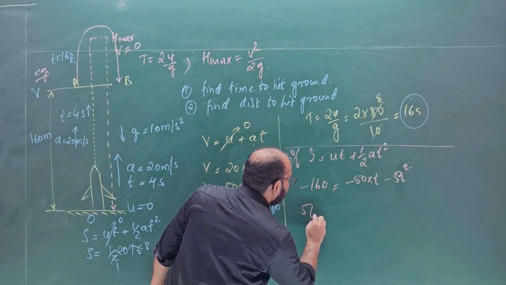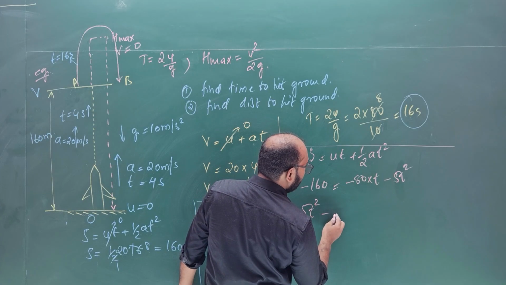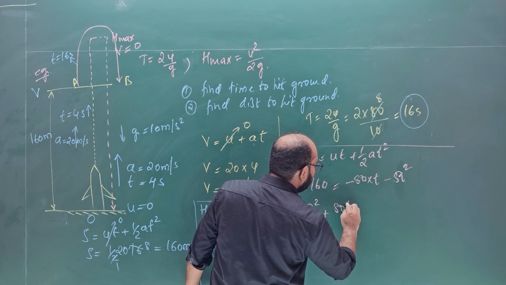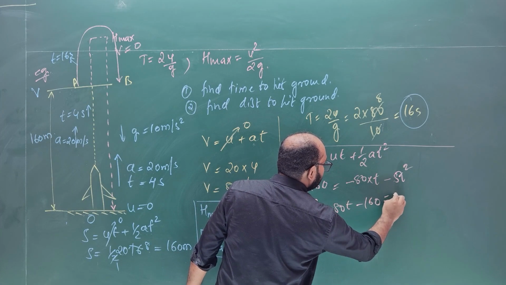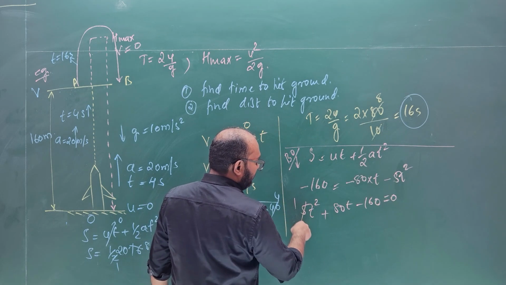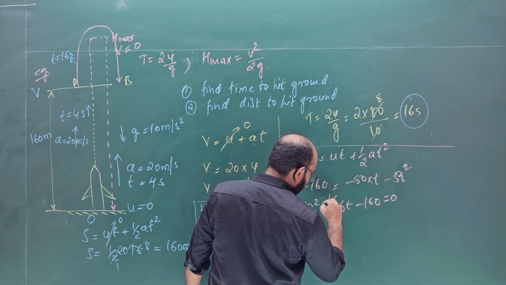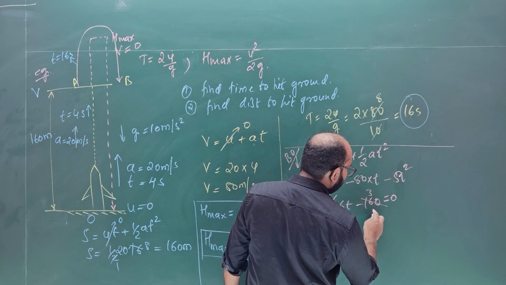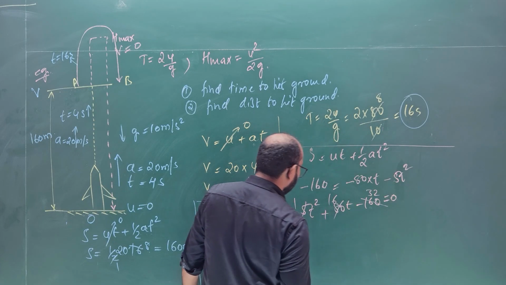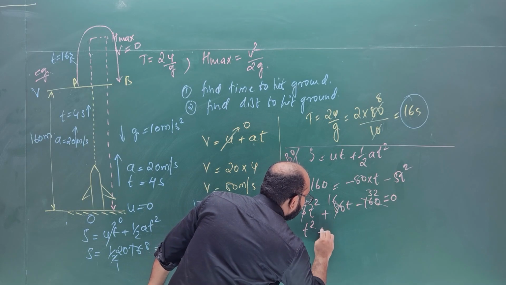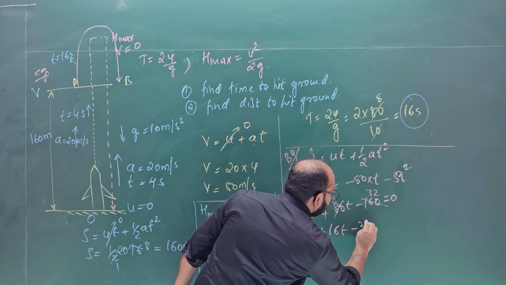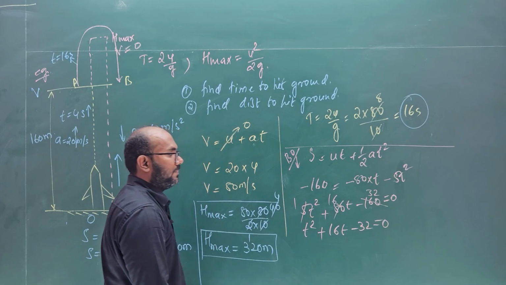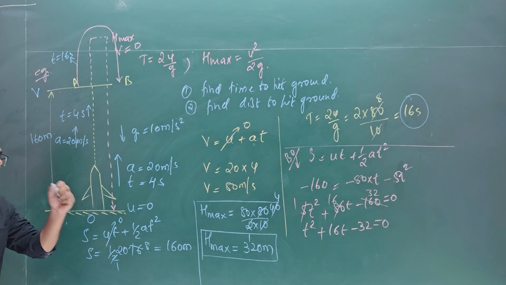So 5t square plus 80t minus 160 is equal to 0, 5 ones are 5, 16 fives are 80, 5 3, 2, 32. So t square plus 16t minus 32 is equal to what? 0. Substituting in the quadratic equation, can I get also the time period?